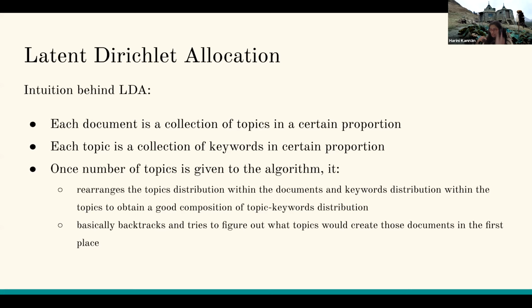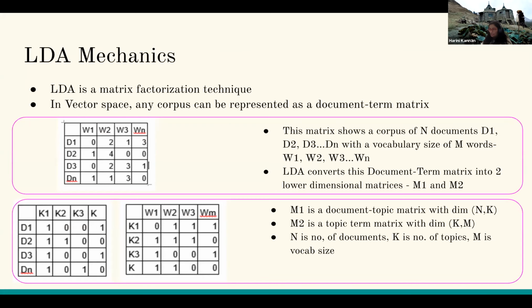So it's a document-topic matrix and a keyword-topic matrix, to obtain a good composition of topic-keyword distribution. Basically it backtracks and tries to figure out the topics which would create those documents in the first place. You'll understand it easier here.